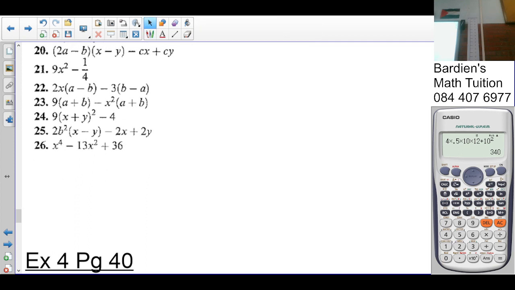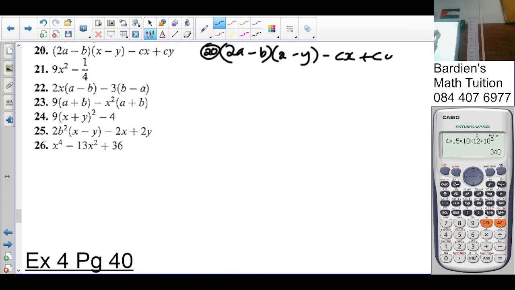Let's look at number 20. You got 2a minus b, x minus y minus c(x minus y)... What's going to happen here? So here we're going to factorize.